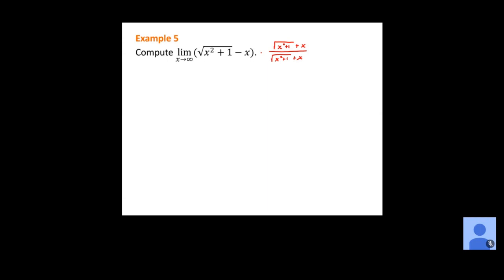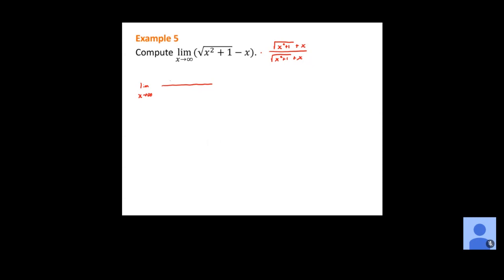All right, now we just have to think about what this is going to look like once we do that multiplication. So we've got our limit as x approaches infinity. What's the numerator of that fraction going to look like now? Okay, good.